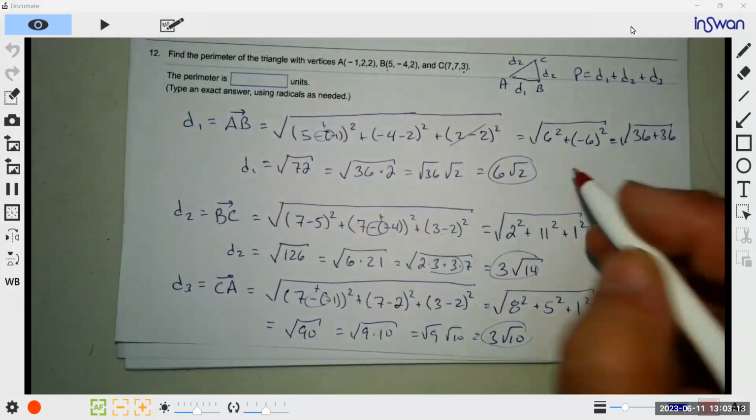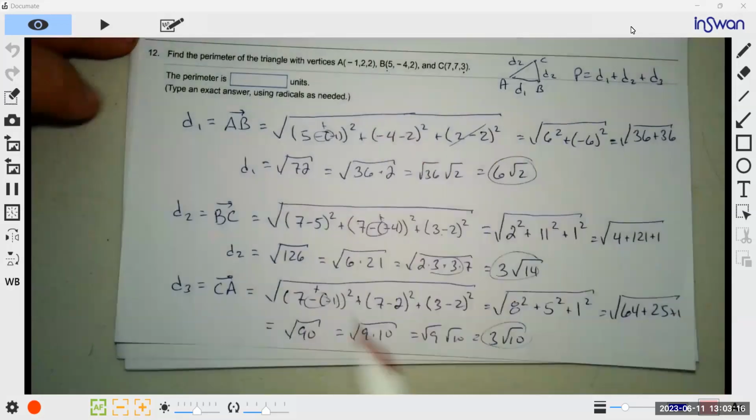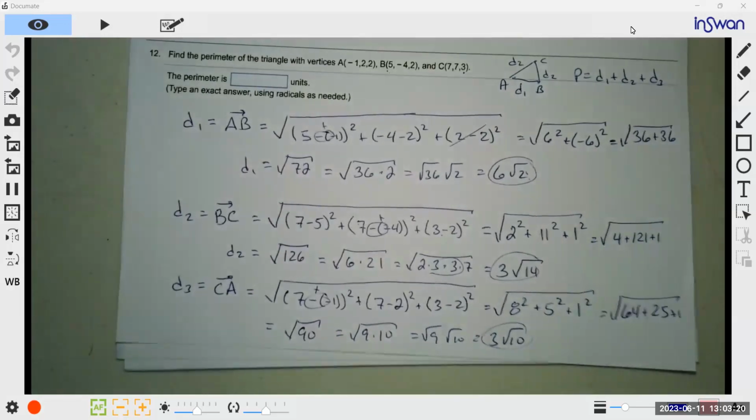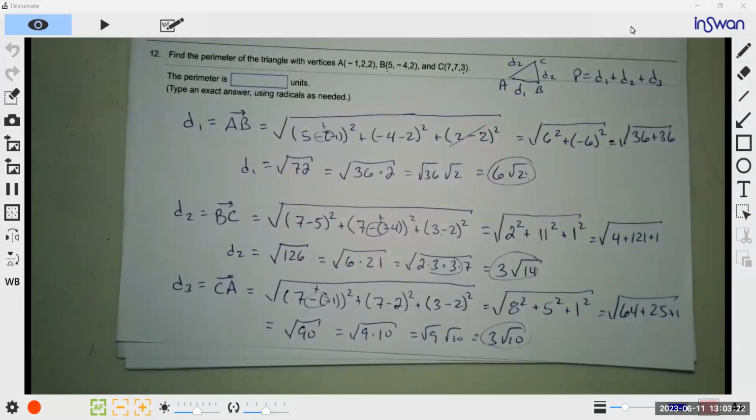So add up all these 3. Put them in the calculator and add it up, and there's your answer. Well, let me get my calculator and we do it. Okay.